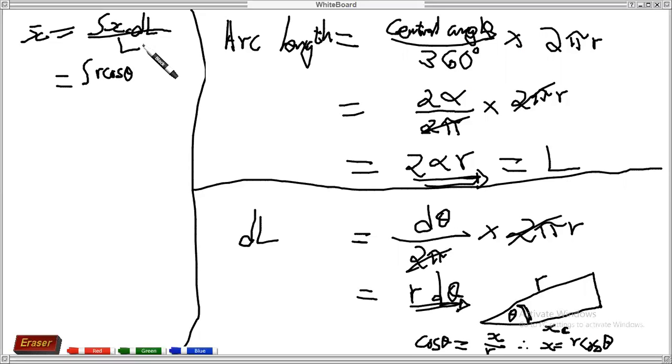Then GL is this portion here, times R. This is R d phi, R d phi, divided by L. L gave us 2 alpha R, 2 alpha R, like that.